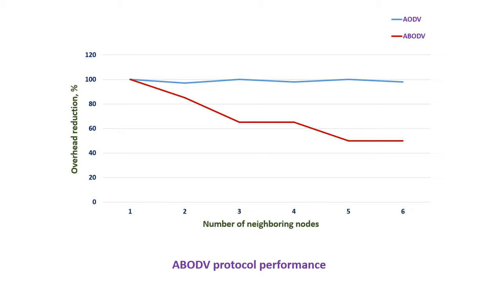In this figure, we see ABODV protocol performance, and we see that there is an overhead reduction compared to AODV using our simulator. So the red line shows the reduction percentage of the overhead.